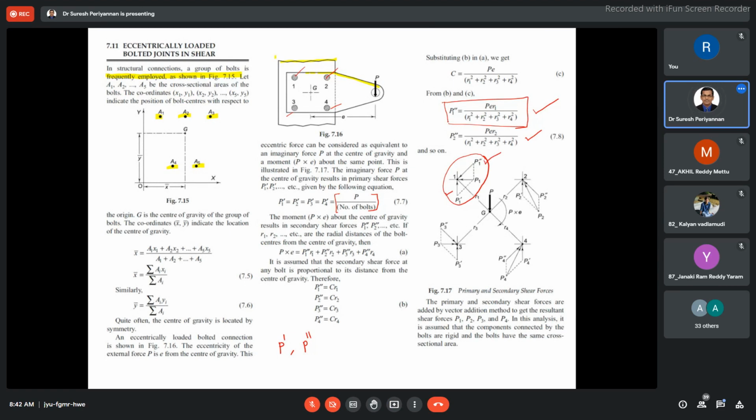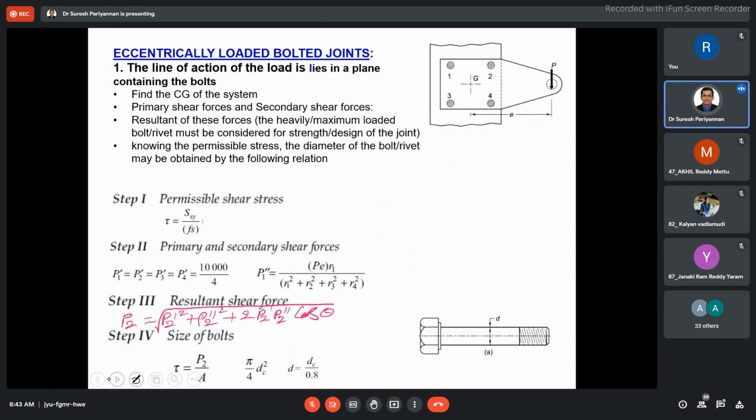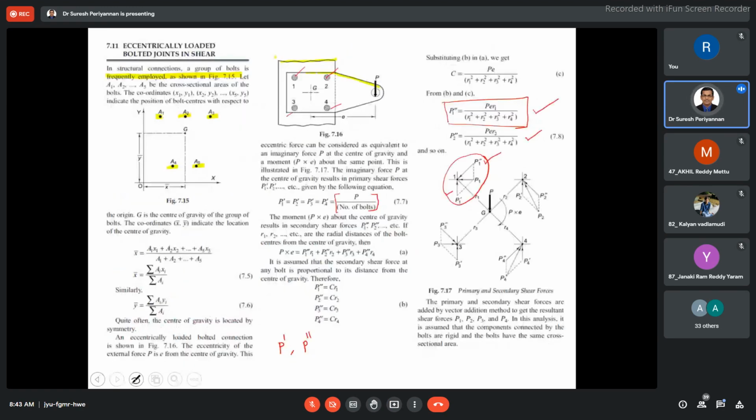Then the resultant force P1 is equal to the square root of... what is the formula? Actually, I forgot the formula. P2 minus, P1 dash minus.